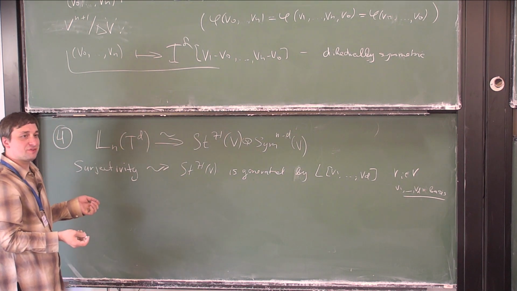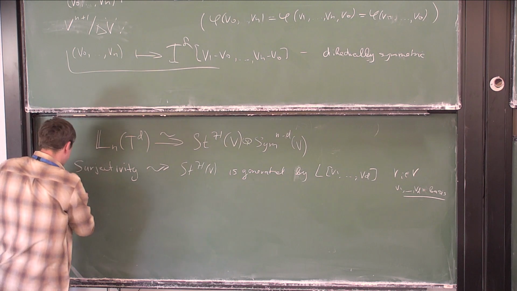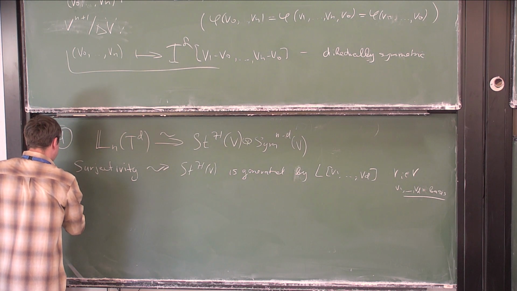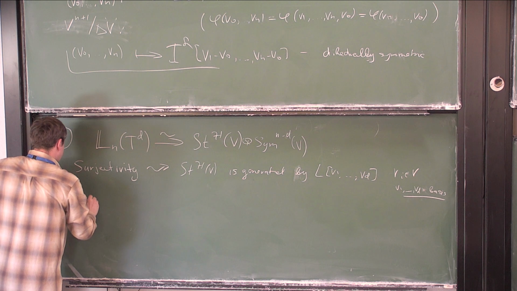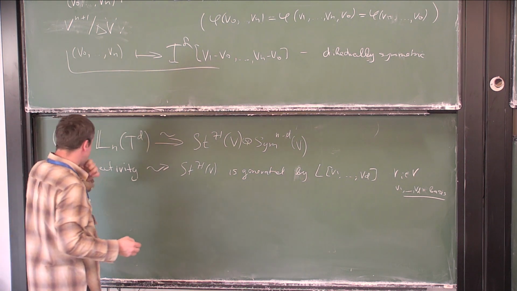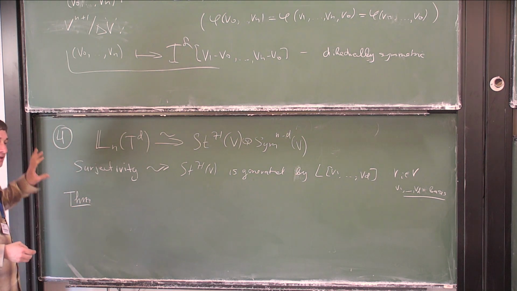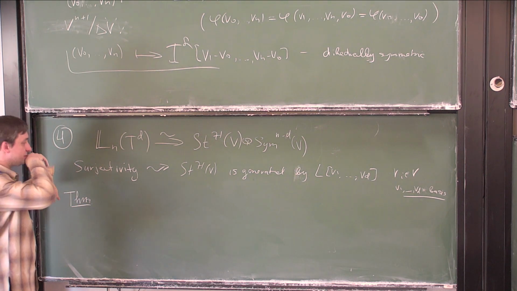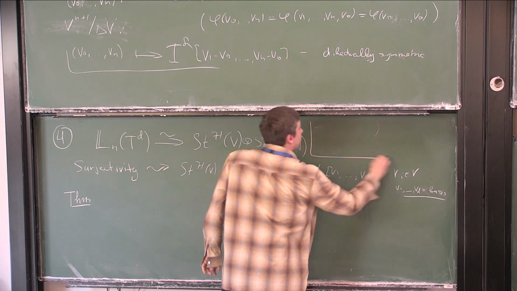Now how to prove this, and what's going on here, that's the main point. So I want to prove two statements which are slightly stronger than just surjectivity. But I will prove it first on the level of special pairs.